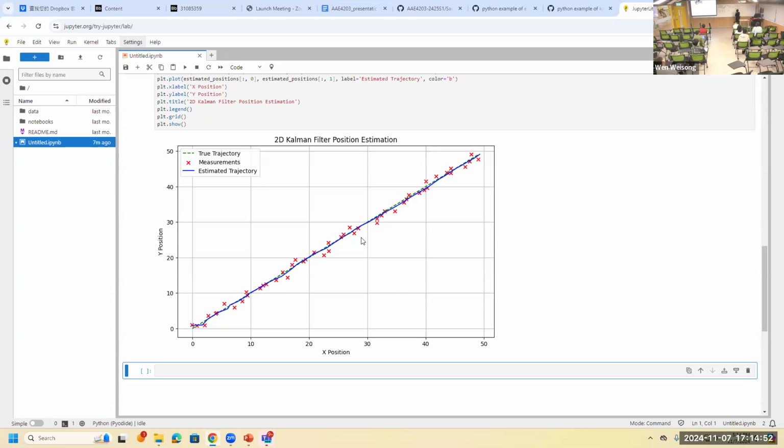Vxk is equivalent to Vxk minus 1. Vyk is equivalent to Vyk minus 1. Actually, we assume a constant velocity model. So this is another constraint. So this can be written down into equations.